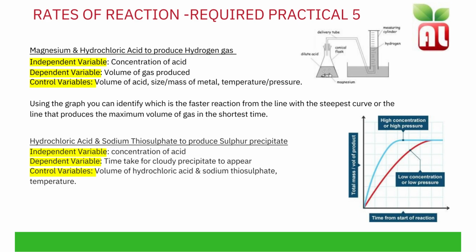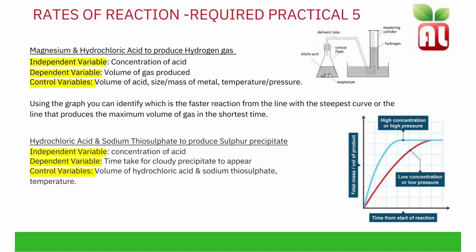Placing a cross drawn on a sheet of paper underneath a conical flask, you are able to time how long it takes for the cross to disappear. This involves human error, as if you repeated this experiment, you would need to ensure you press the stop button on the timer at the same shade of precipitate each time.